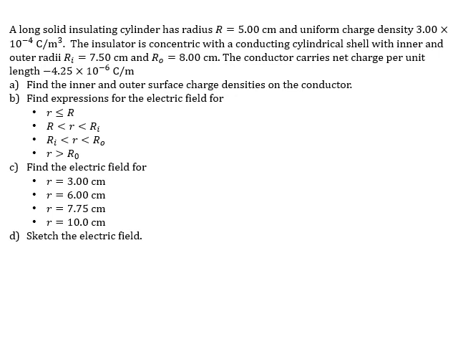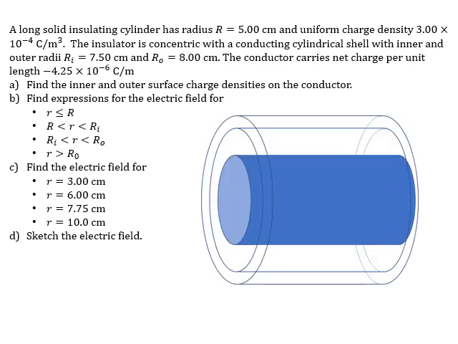Let's start with a picture. I've preloaded a diagram here just so that it's nice and neat and easy to look at. By all means, you can draw your own by hand. It's just for an illustration. So our insulating cylinder is here in the middle. That's the blue one. Our insulating cylinder has a radius r, and r is equal to 5 centimeters.